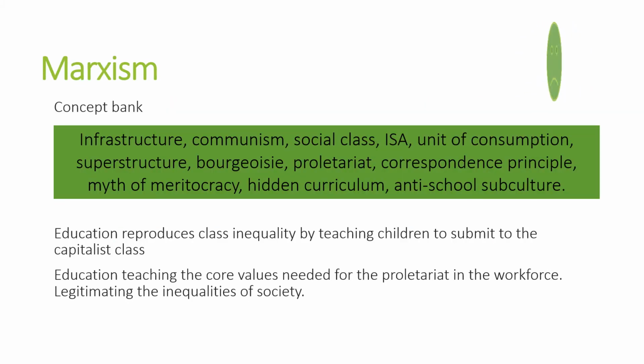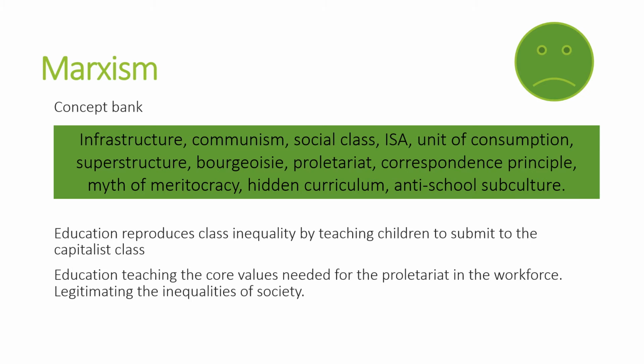Now, Marxism again has a critical view of the education system, but for different reasons. Marxists are critical of education because it is a tool of reproducing capitalist values and ideologies and ensuring the survival of capitalism. So really bringing in theorists like Althusser, who say the education system promotes the core values of greed, supporting capitalism, following instructions, doing as you're told.